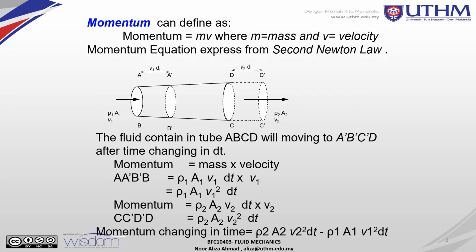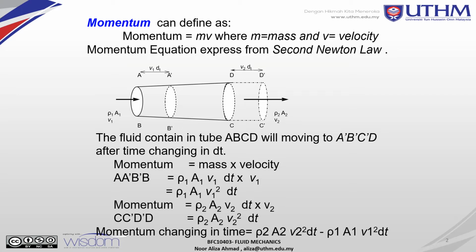So the momentum equation is expressed from Newton's second law. The fluid contained in the tube AB here, A, B, C, D will move to A', B', C', D' after a time change of dt. So the momentum is equal to mass times velocity, and we get this one.